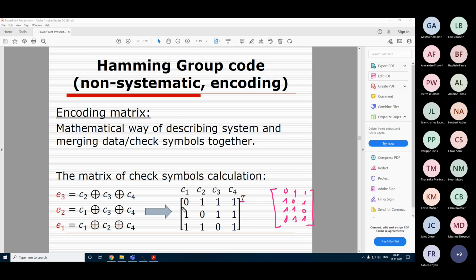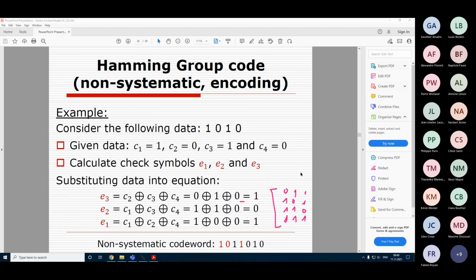So when we design the matrix, it's convenient for us to place equations as rows, but in fact, what we'd like is to have them as columns. And we are talking only about information symbols, no control symbols here.